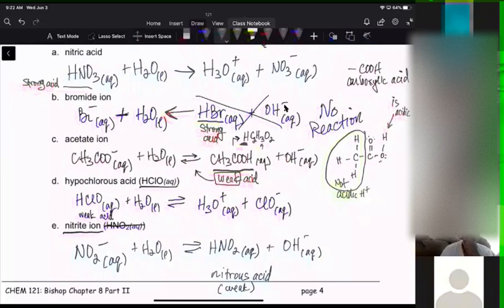So basically, anytime you have water as a reactant, it is going to do whatever the other reactant wants. It goes both ways. So if you put it with a base, the water is going to act as an acid, and if you put it with an acid, the water is going to act as a base. So it can go both ways depending on what it's combined with.